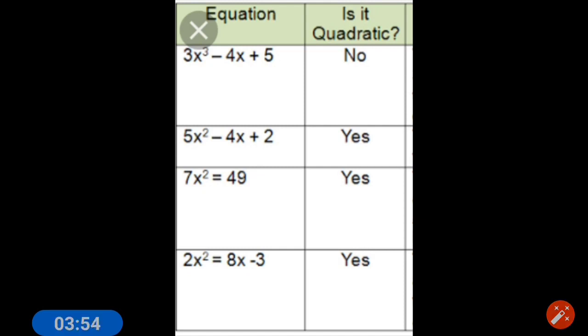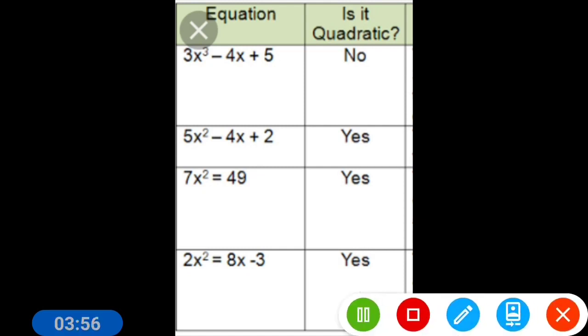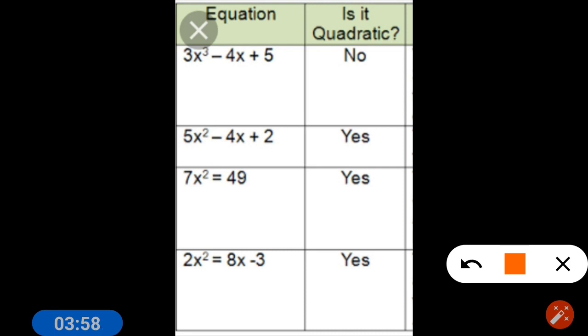Now we'll take a few examples to see whether these equations are quadratic or not. The first one is 3x cubed minus 4x plus 5. Is it quadratic? The answer is no. Why is it not quadratic?